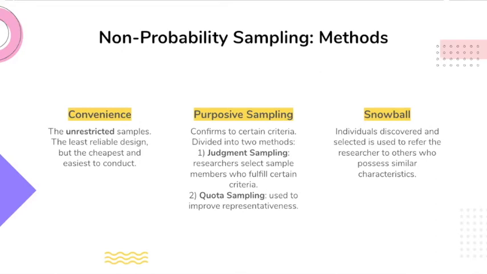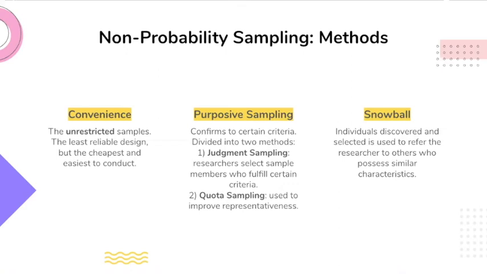For example, people approaching us at malls or grocery stores to fill a survey or answer questions would be a type of convenience sample. It can also be known as grab sampling or availability sampling. There are no other criteria to the sampling method except that people be available and willing to participate.